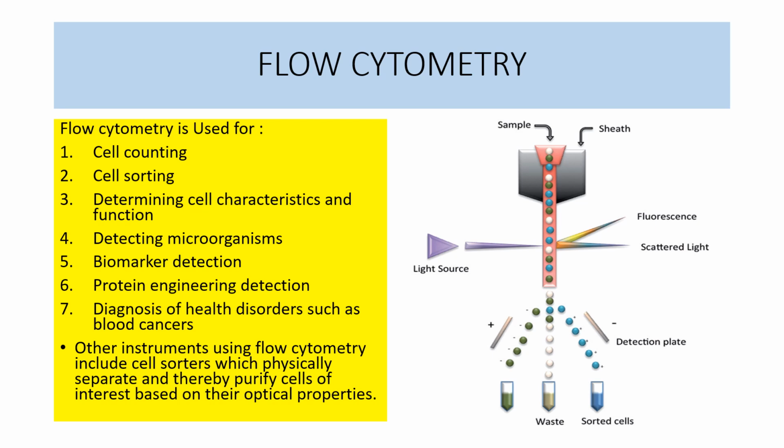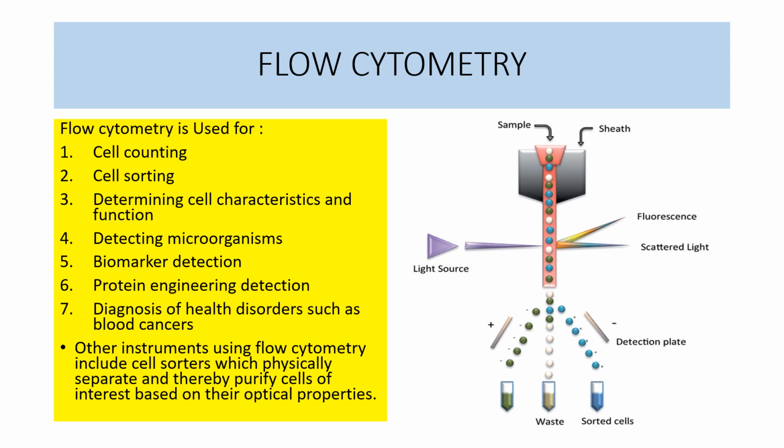Other instruments using flow cytometry include the cell sorter, which physically separates and thereby purifies cells of interest based on their optical properties. So what happens? The sample is added, right? Then the cells are made to pass through a nozzle one by one.